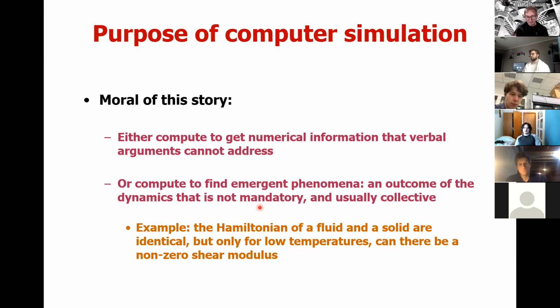For example, herding behavior or swarm behavior in bees or insects or birds or fish or whatever it might be, or the onset of superfluidity in helium or something like that. So something that is emergent, that's what a computer is really good for.